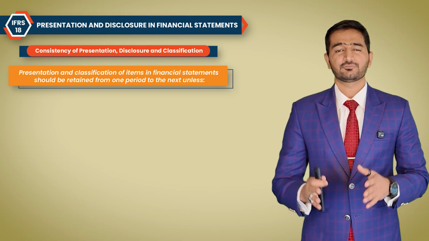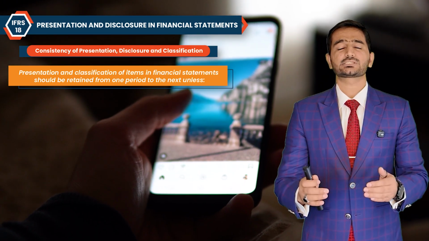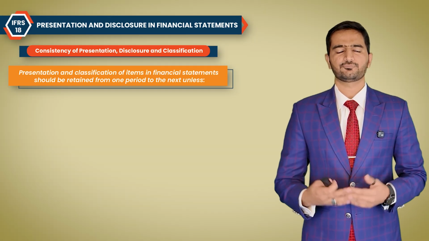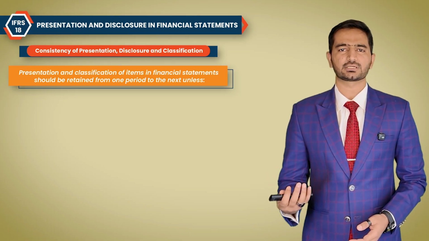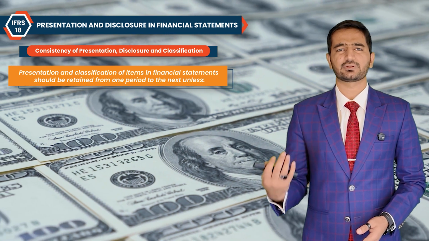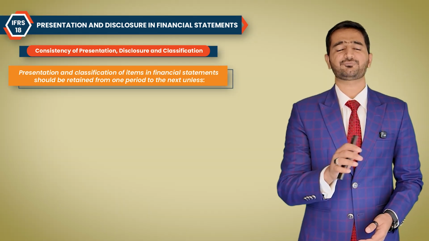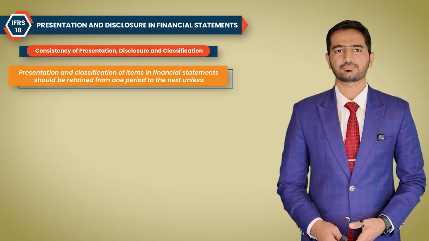My friends, financial statements are not your Instagram feeds. They are supposed to help users compare performance over time. For example, if you classify your expenses by nature one year, like salaries, depreciation, rent, you should not suddenly switch to classify your expenses by function the next year, like cost of sales, admin expense, etc.